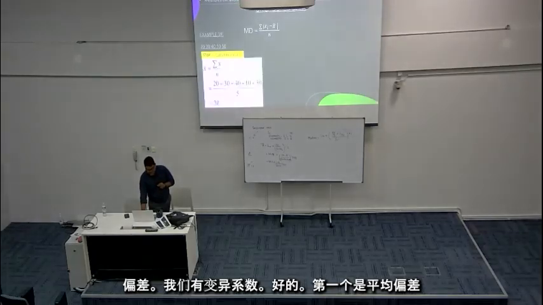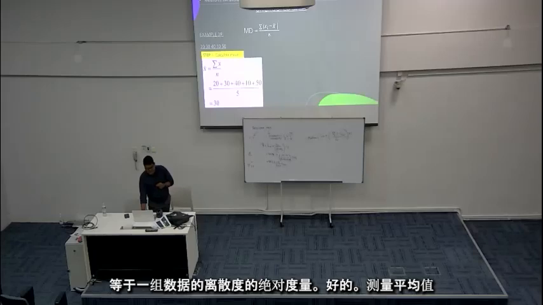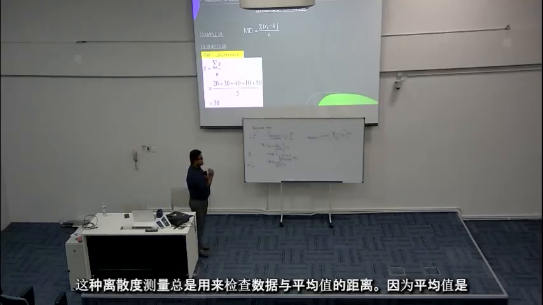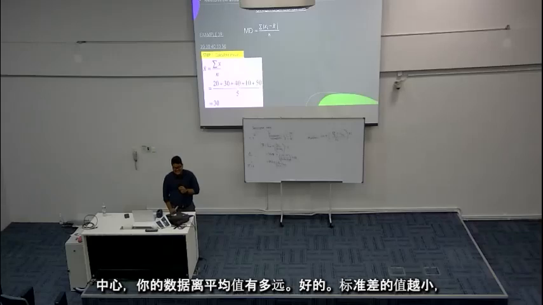The first one, mean deviation, is an absolute measure of the dispersion of a set of data. It measures the average difference between the actual value and the mean of the data. Basically, a measure of dispersion is always to check how far your data is from the mean, because the mean is the center.